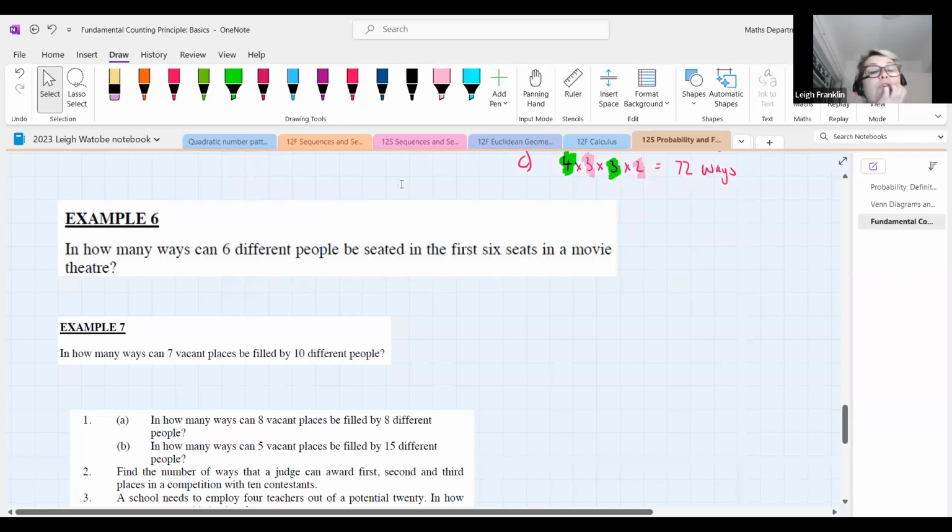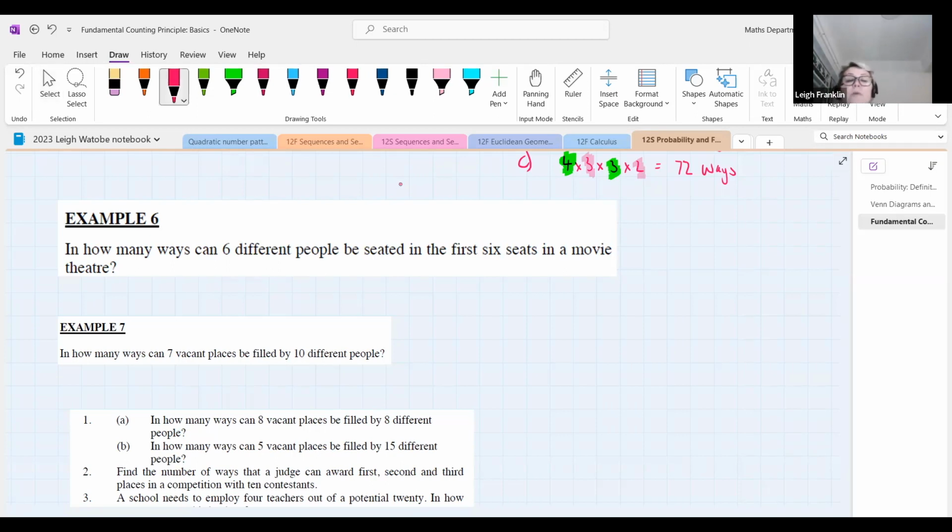So if we want to seat 6 different people in 6 different seats in a movie theater, once one person sits down in a seat, that seat's gone, that person's taken it. There are 5 people left to fill 5 seats, 4 people to fill 4, etc. So here we would say that there are 6 factorial ways in which we can seat people in a movie: 6 by 5, by 4, by 3, by 2, by 1.